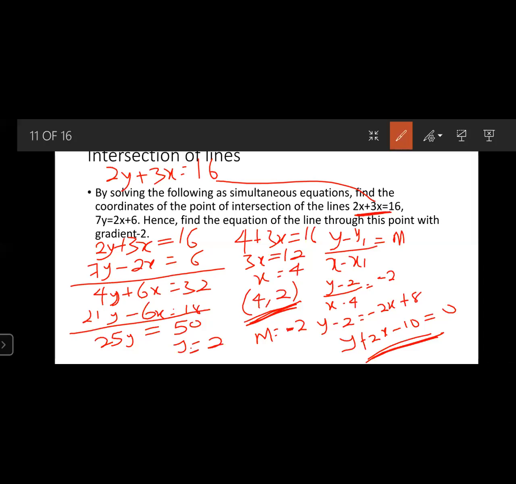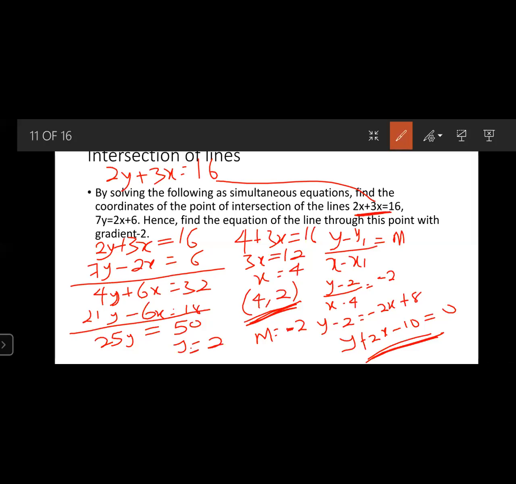And that is the point of what? 4, 2. Then they say we should find the equation of a line that passes through such a point and whose gradient is minus 2. And that is what you have done now, using what? One point and gradient form. So y minus y1 by x minus x1 equals to m. As simple as that.